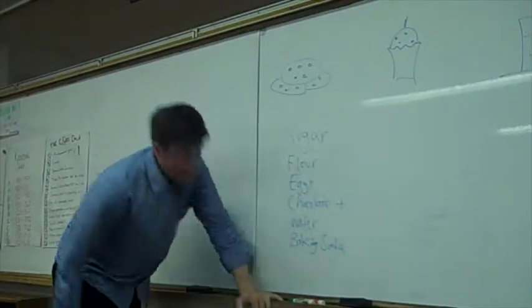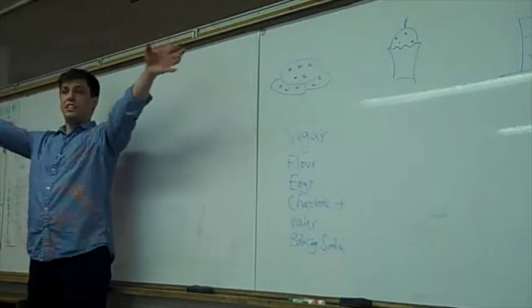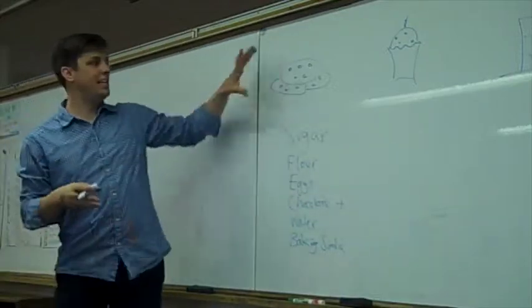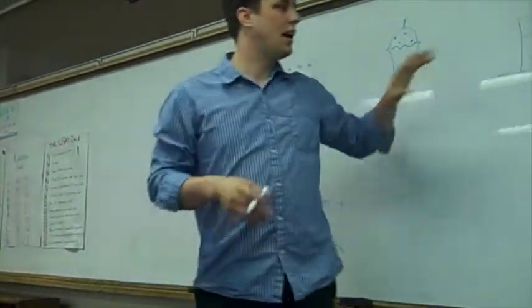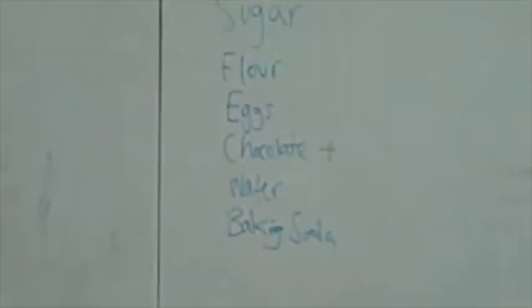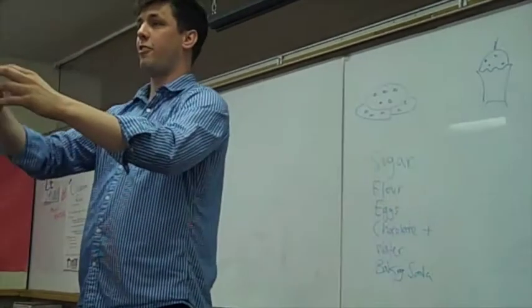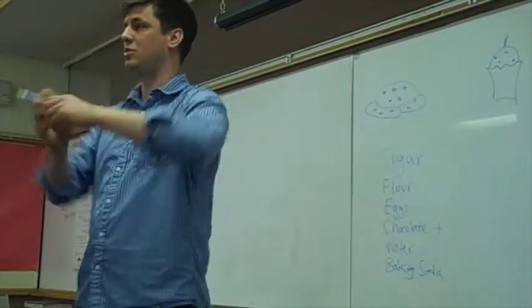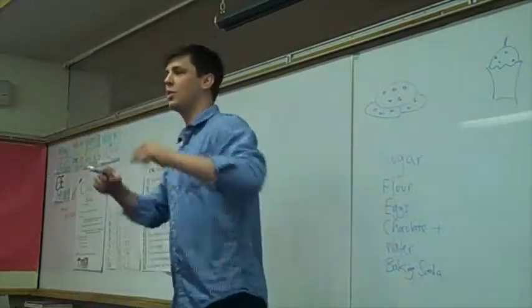Extra chocolate. And so, we separated these ingredients from each of these different recipes. In math, when we did the color experiment, each cup had different colors in it. And if you separated out those colors, it's kind of like this. You're taking out ingredients.